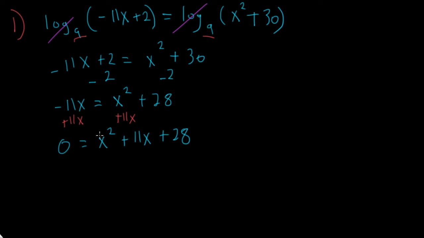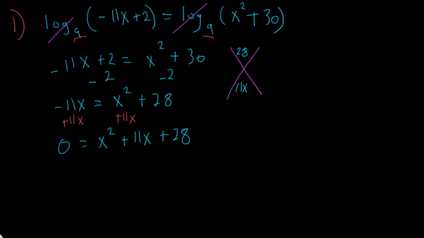When we don't have a lead coefficient, we need a number that's going to multiply to get 28 and add up to get 11.